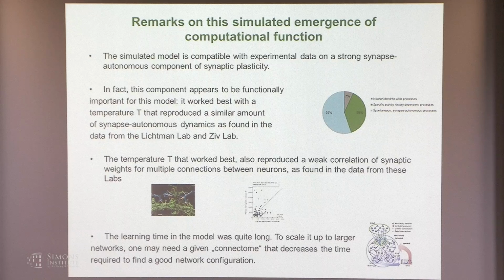This would give a new way of understanding the role of the connectome, not as something fixed, but really giving a base level of network activity and learning capability, which allows you to explore variations around this base level of network connectivity.